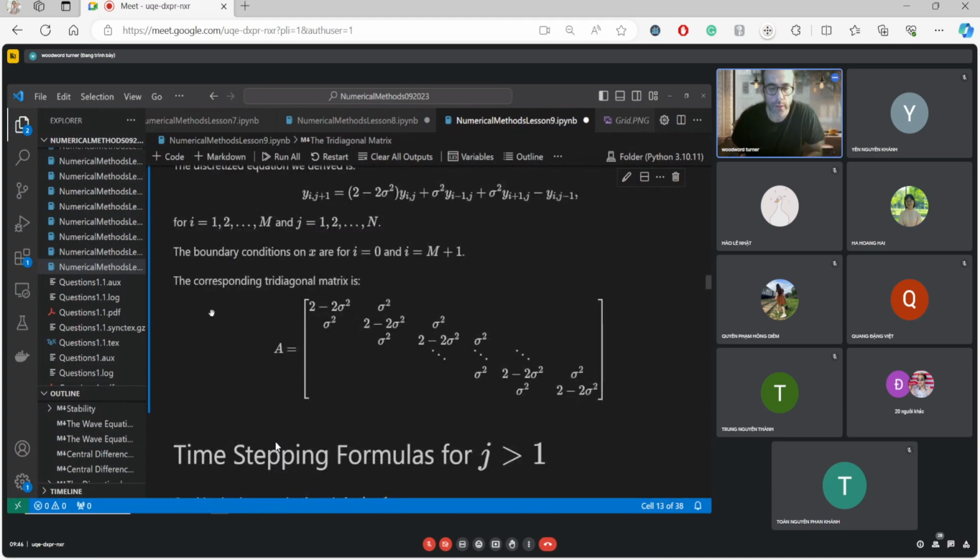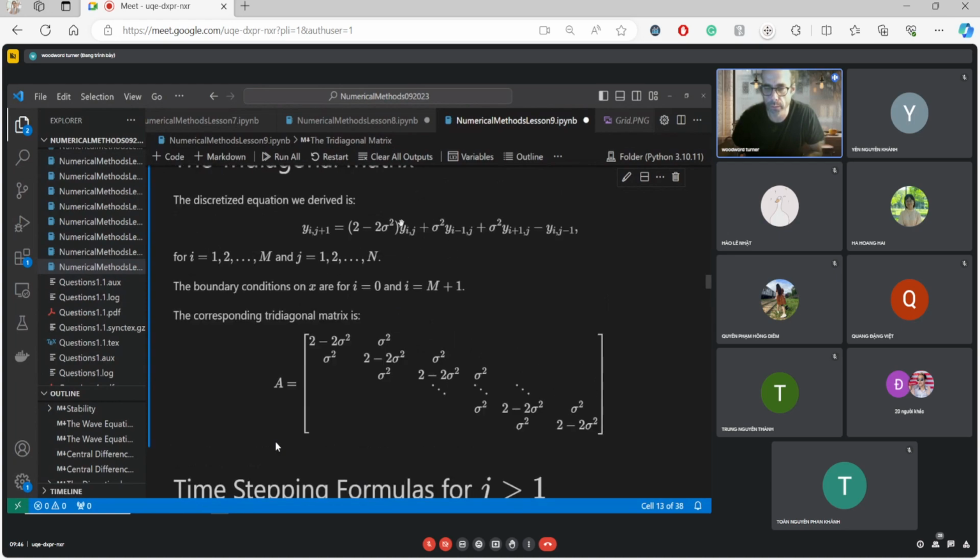The point is you have some terms over here that you can work with after you multiply by the sigma. You have some like terms, some different terms, and then you can write the next time step in terms of those other terms, multiplied by that sigma.